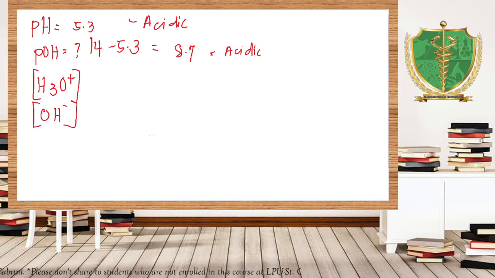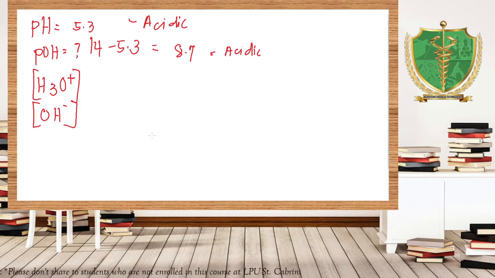Okay. So the question is, how about the hydronium ion and the hydroxide ion concentration? So please input on your calculator, shift. Pindutin ang shift. Then press log. Negative sign. What is the pH? 5.3.